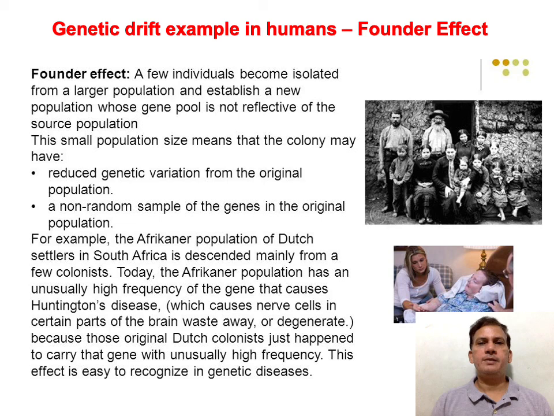Since it has been a while, after a couple of generations this allele, which was initially heterozygous, has become phenotypically expressed in the homozygous form. So this population now has a very high frequency of this genetic disease.